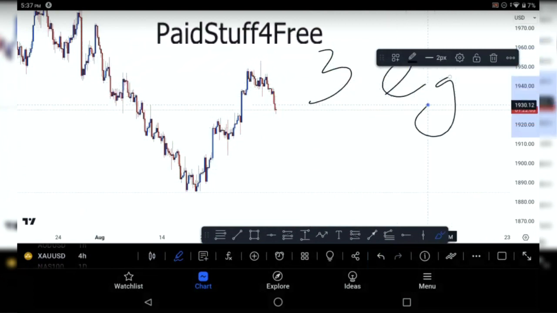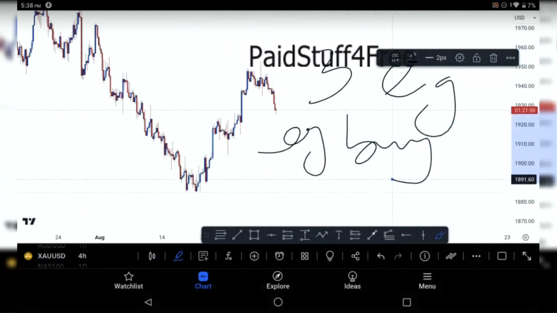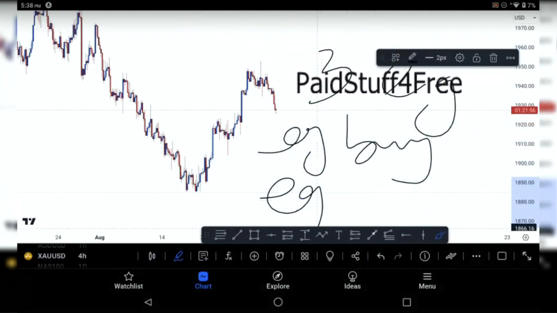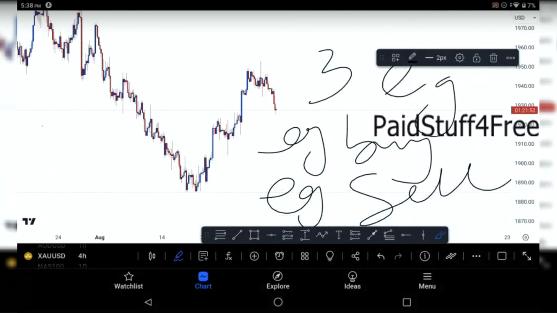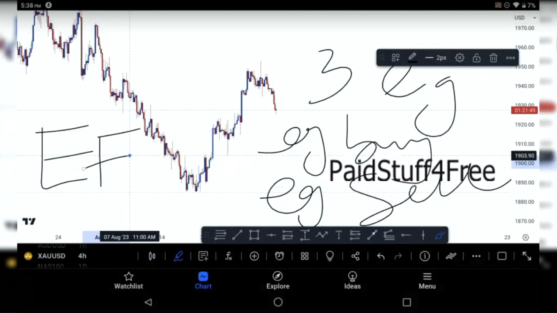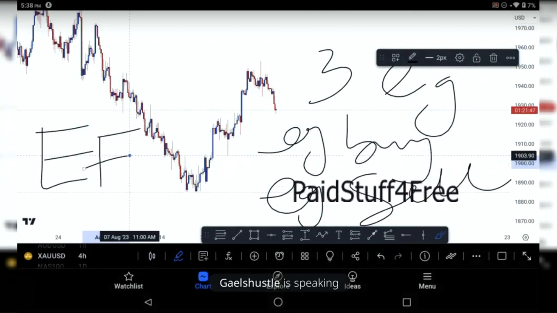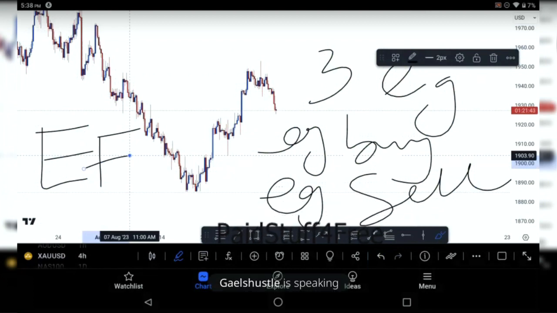First of all, we have EG buy, we have EG sell, and then we have EF. Can someone tell me the meaning of EF? Engulfing failed.